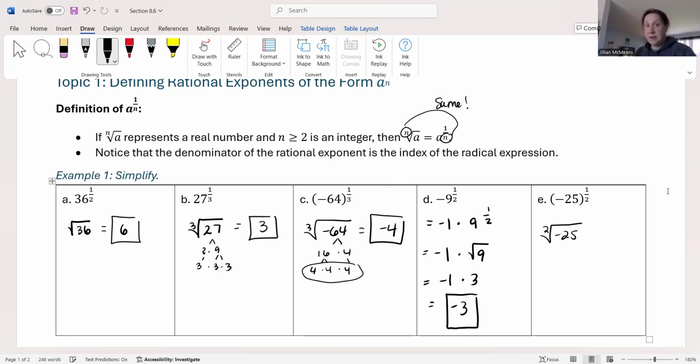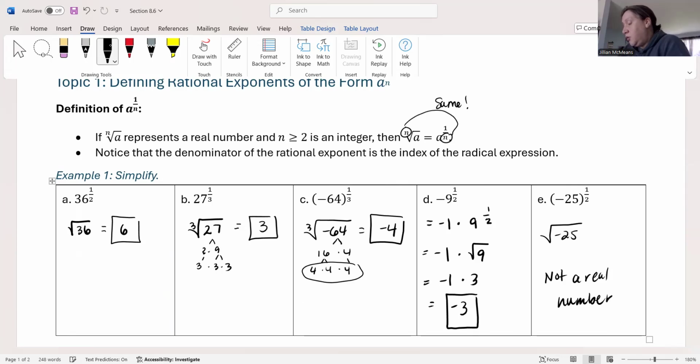And we cannot have this happen. When you're talking about a principal nth root, if the index is even, the radicand and the result have to be non-negative. You don't generally write the 2, you just write the square root symbol without the 2. But if we have the square root of negative 25, that can't happen. We have to say that this is not a real number.